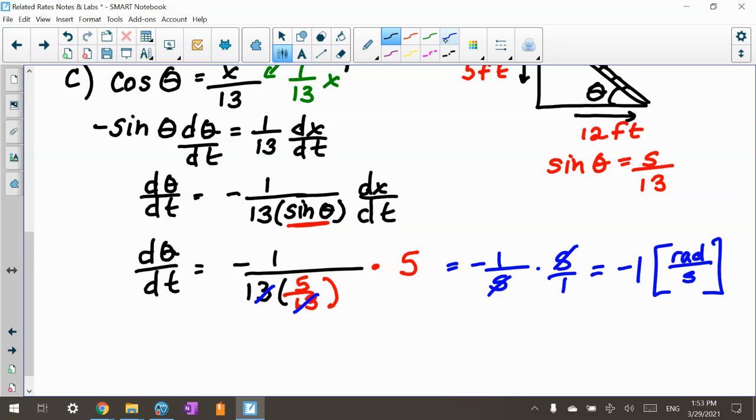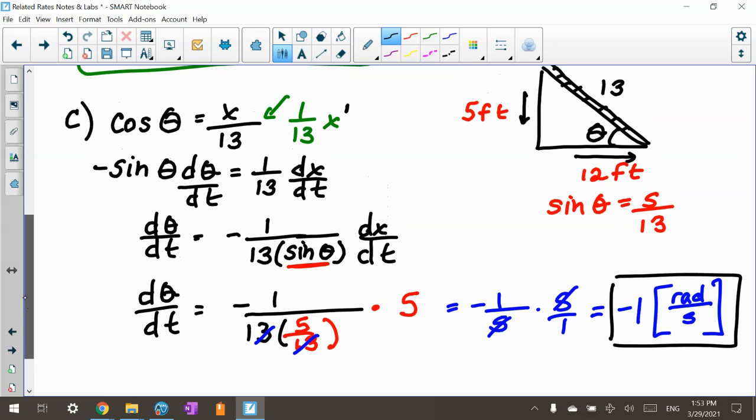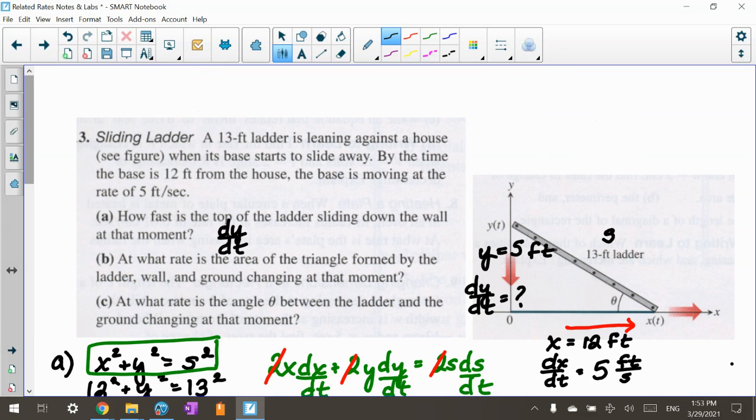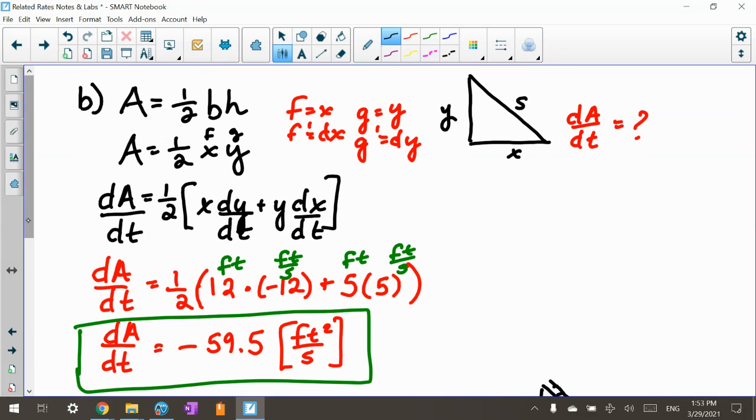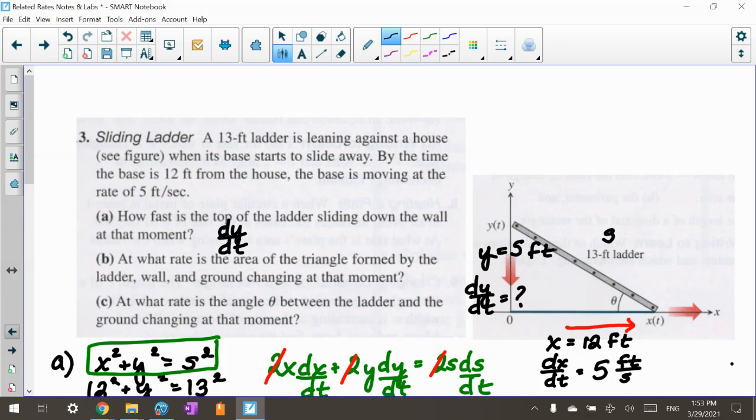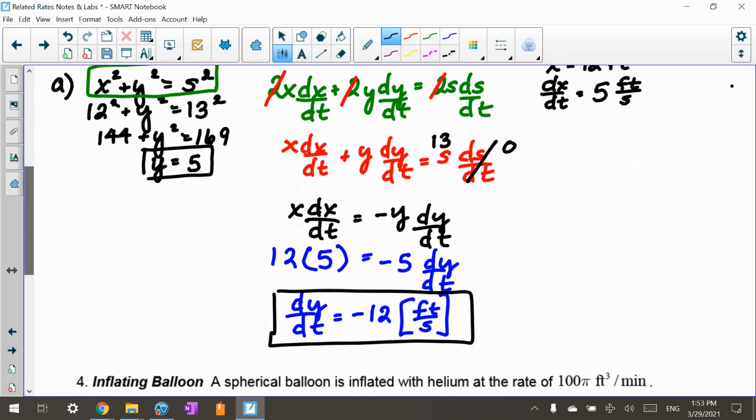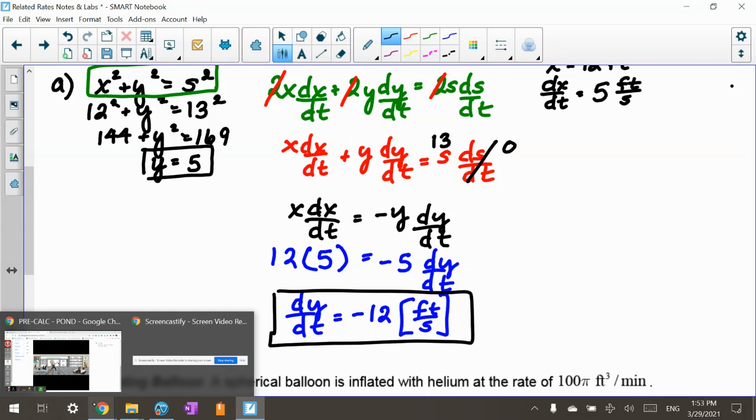So I think I've covered everything that is in that problem. We talked about how the angle's changing, and before that we did how the area is changing, and then we talked about how the dy/dt is changing. So I hope that helped you, and see you in class.